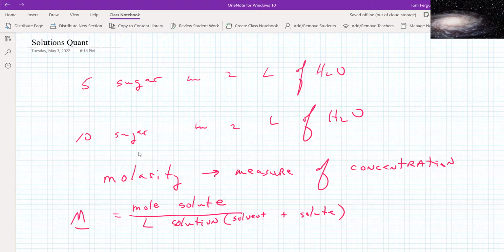Uppercase M. Now remember, one of the last was 3M HCl. 3M is 3 moles, 3 moles, 1 liter.